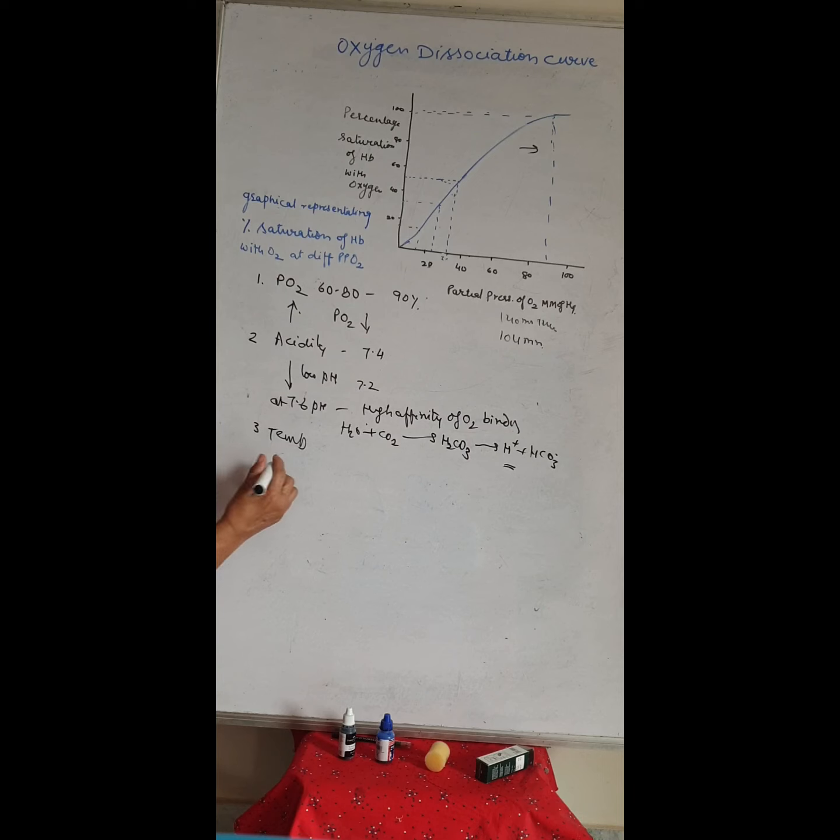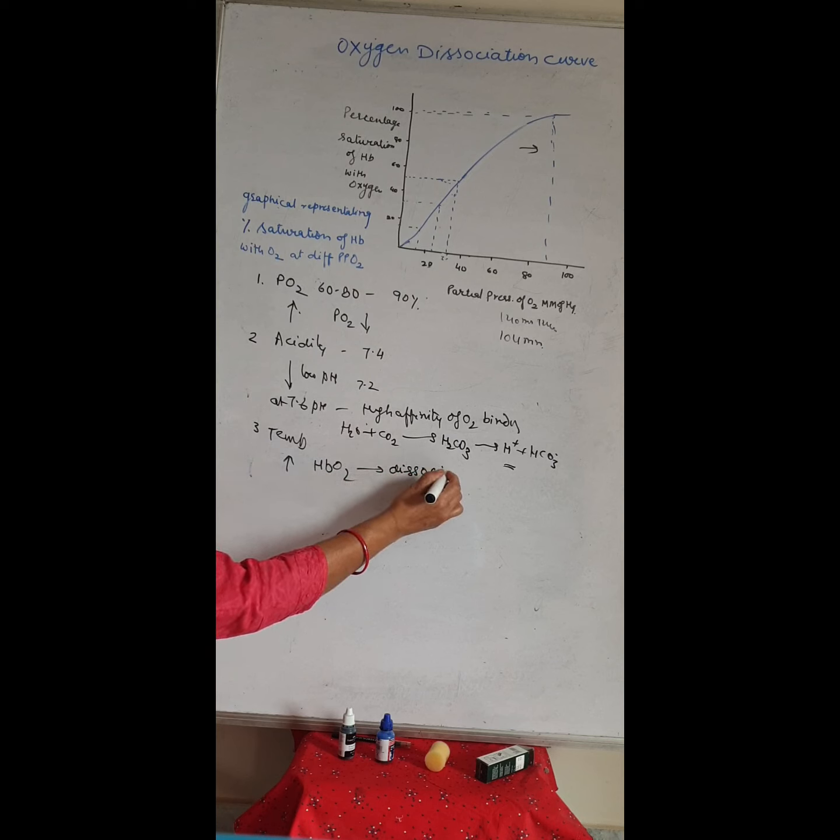With an increase in temperature, the HbO2 becomes unstable and dissociates, meaning at high temperature the binding capacity is less.